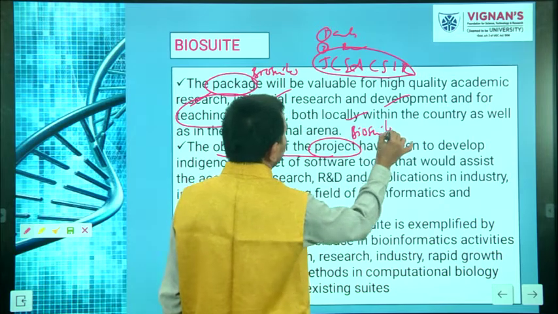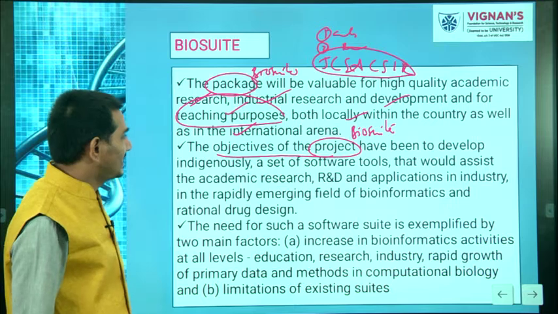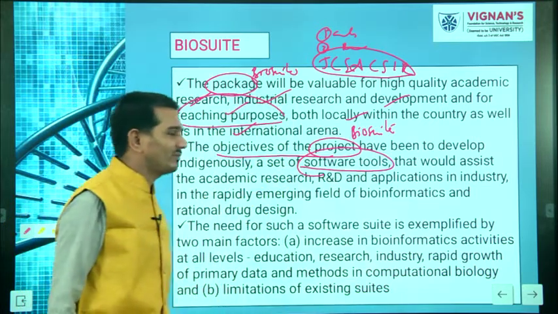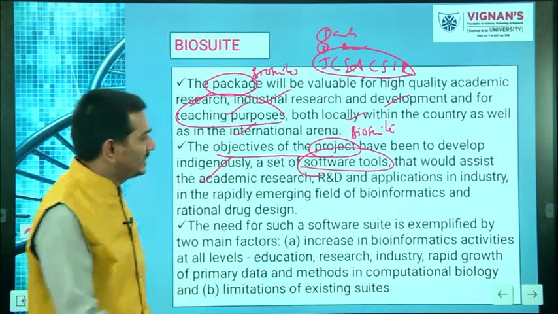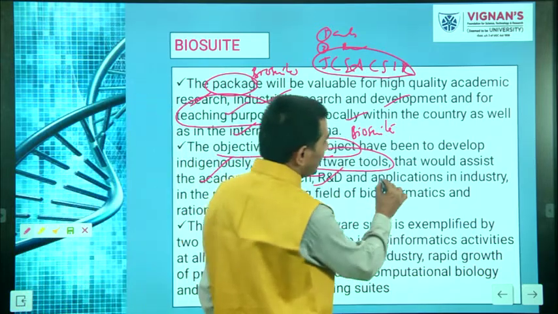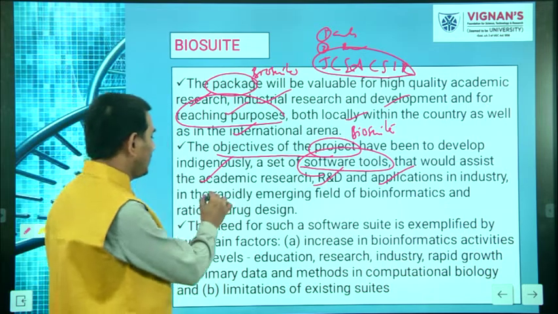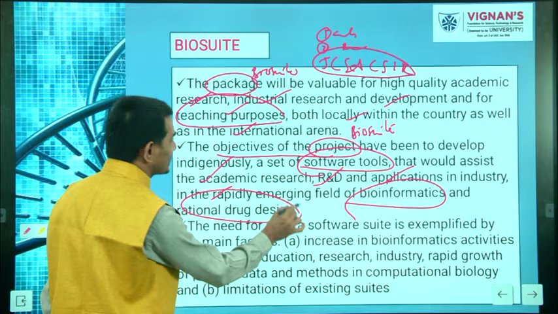So here the objective of this project has been to develop indigenously a set of software tools which would assist academic research, R&D, research and development, and also application in industry in the rapidly emerging field of bioinformatics and drug design.